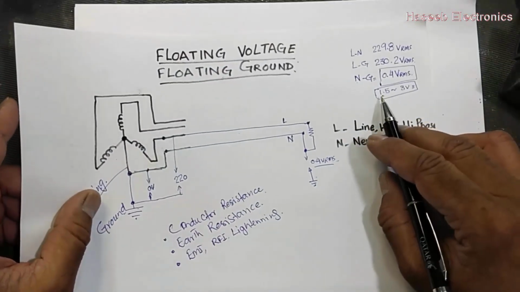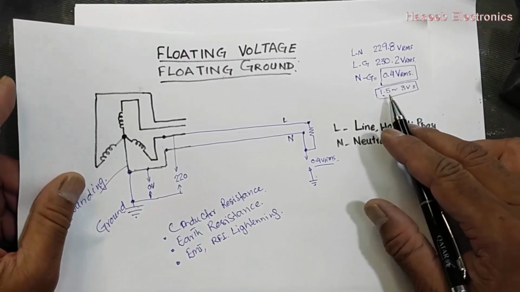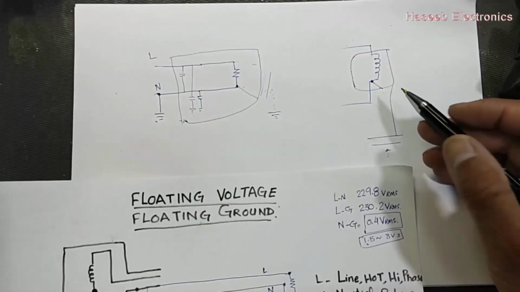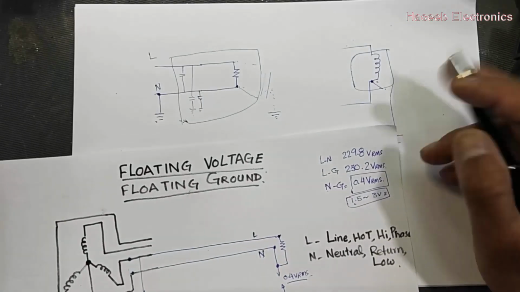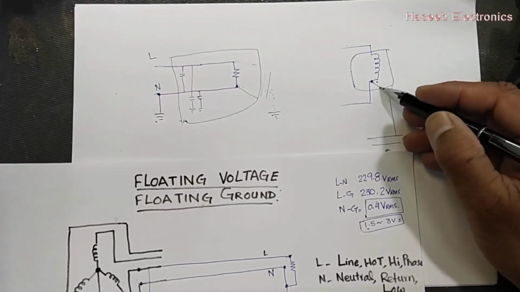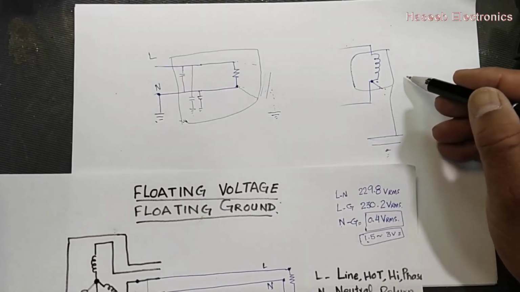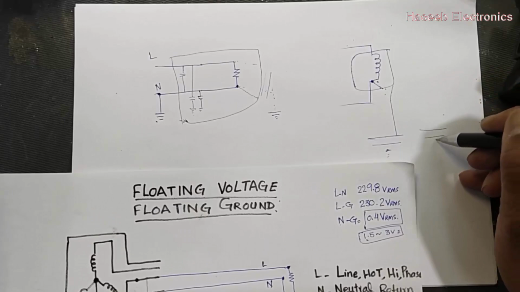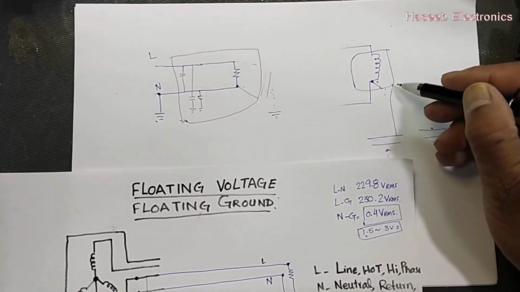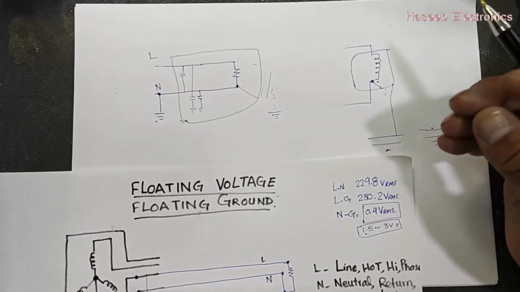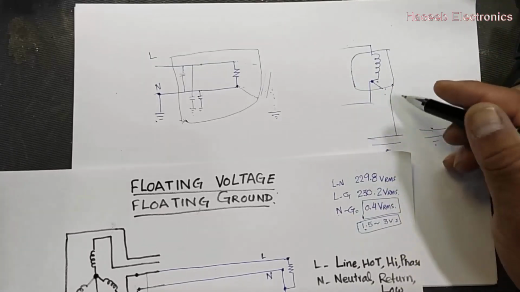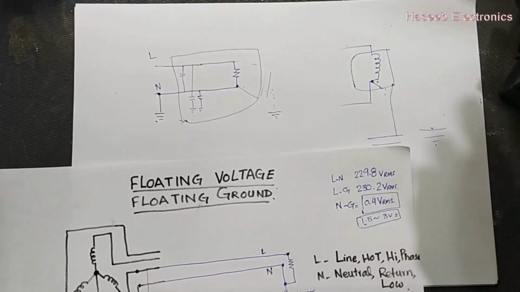In this case, per IEC standards, if it is taking 3 volt, then 3 volt appears in the body. That is not dangerous. If someone stands on the same earth and touches the body, he will take a 3 volt shock. That is not dangerous in normal condition, so this 3 volt is acceptable.